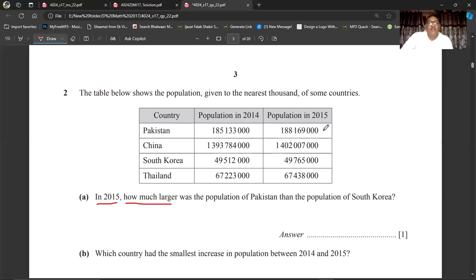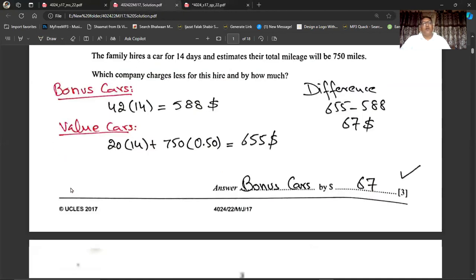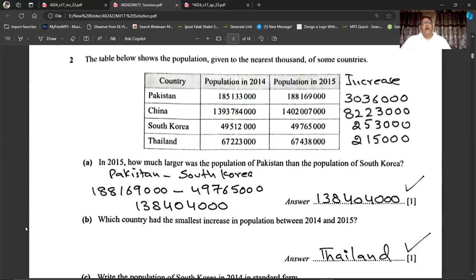In 2015, this is the population in Pakistan, and this is the population in South Korea. So you have to subtract them from each other: the population of Pakistan in 2015 minus the population of South Korea in 2015.